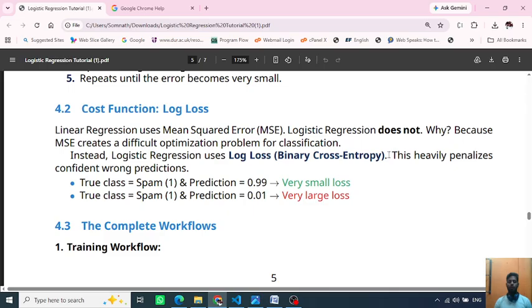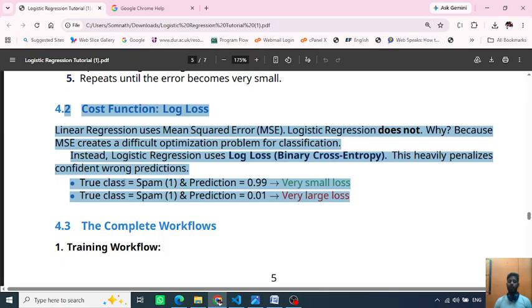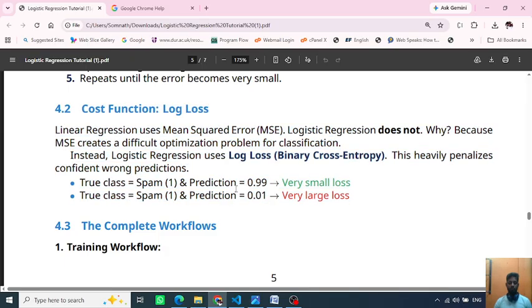I already discussed the use of log loss calculation, and again I will cover this in the next tutorial, so that you can completely understand what actually happens.